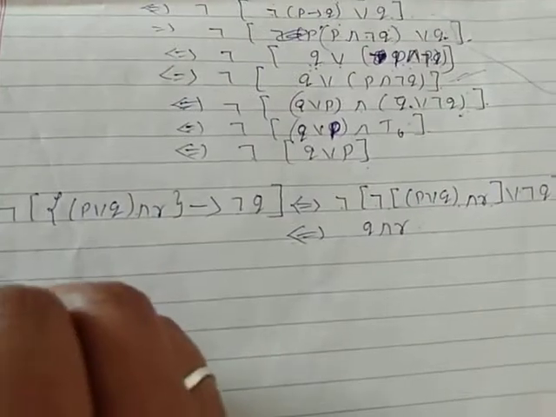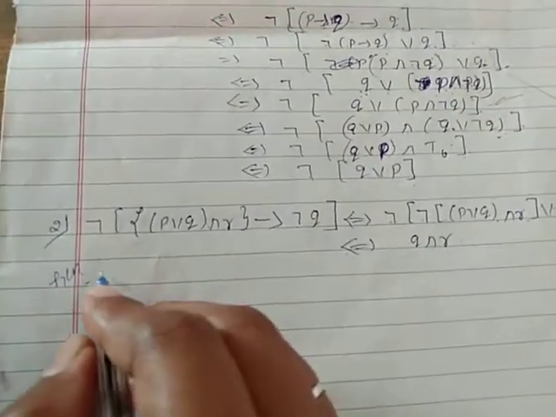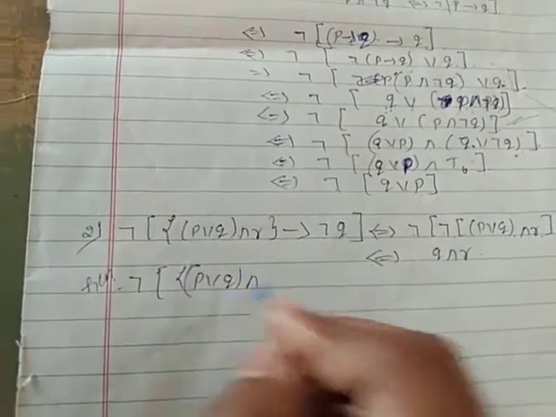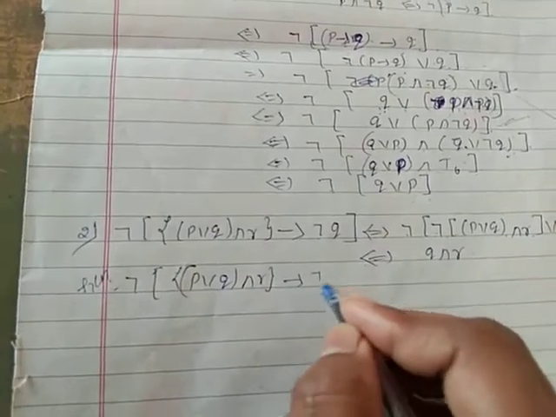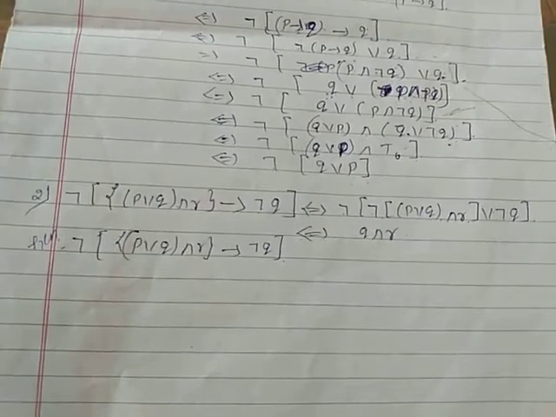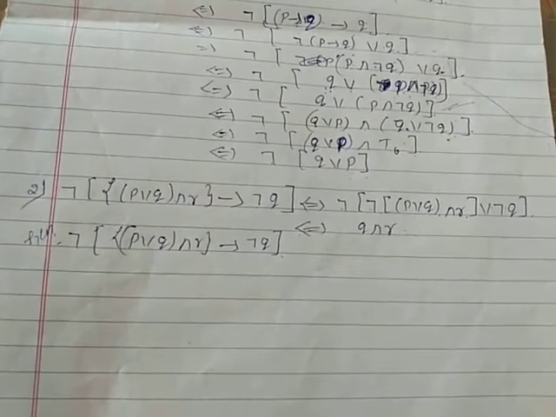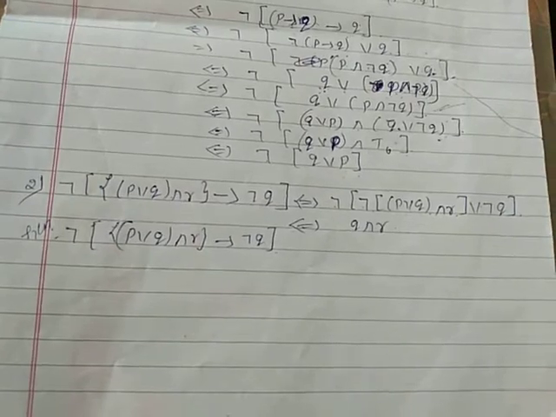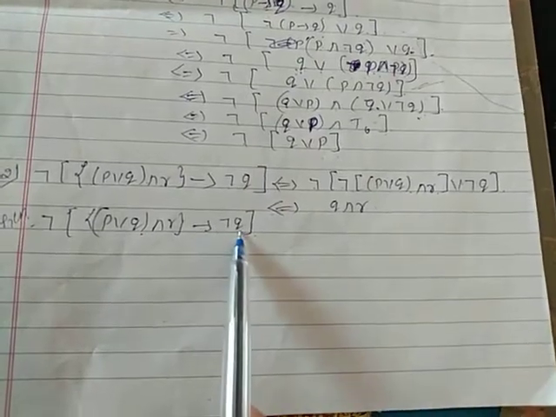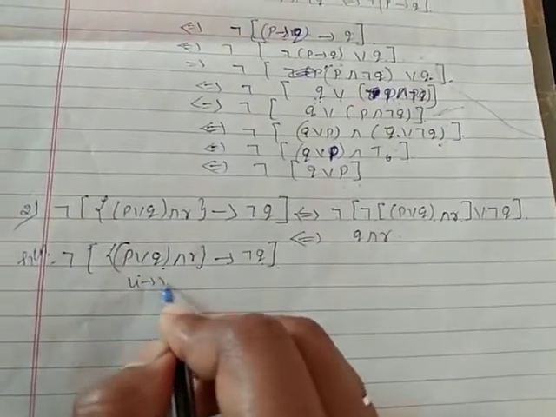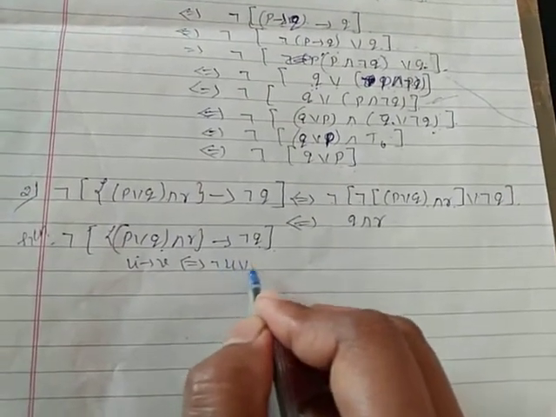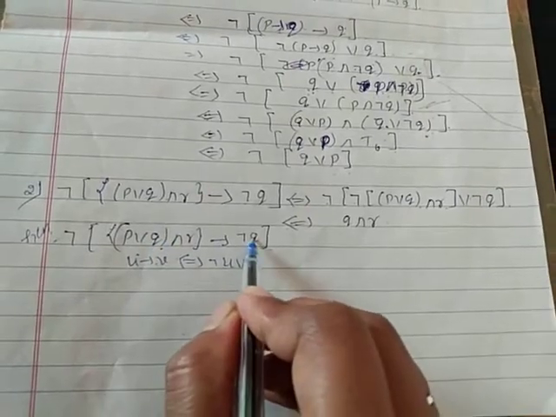So, come to the solution here. Negation of ((P or Q) and R) implies negation of Q. See here, U implies V is equivalent to negation of U or V. U is this one, V is this one.